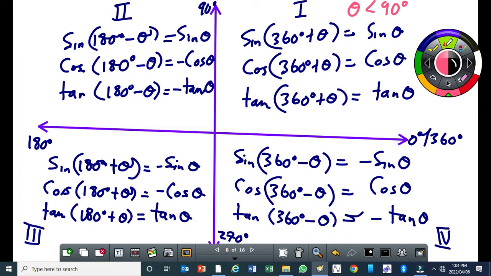That's the concept of reduction. And you need to know your quadrants, or rather your CAST diagram. Where is x negative, where is x positive? In which quadrant are sine, cos, and tan positive and negative? Okay, for you to be able to understand the reduction formula.